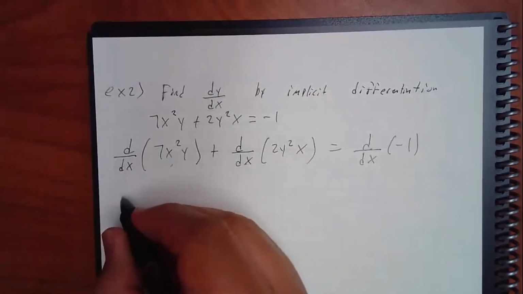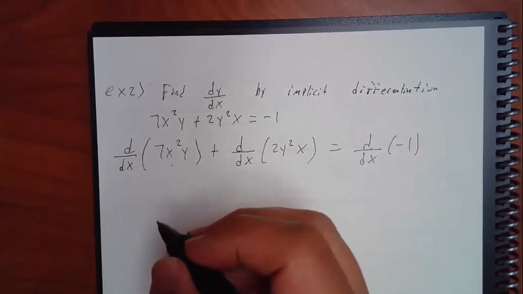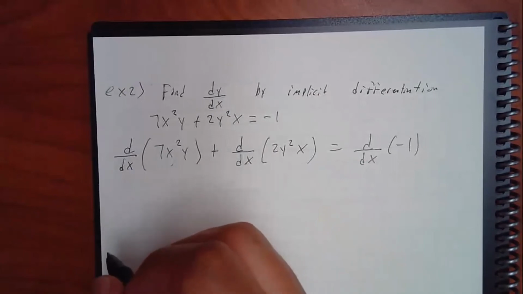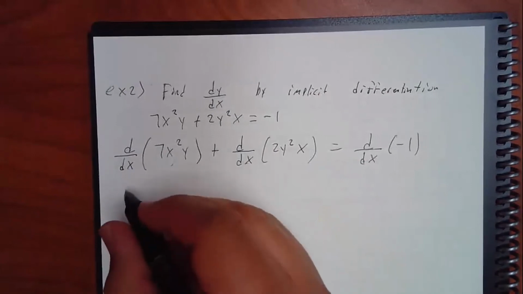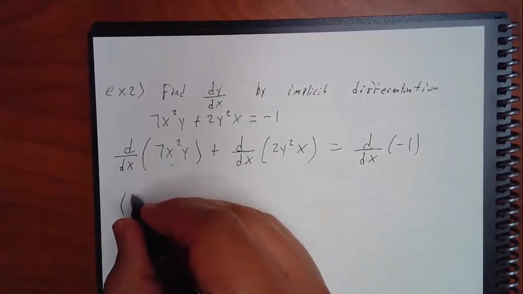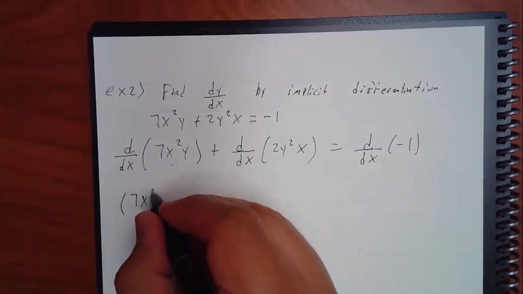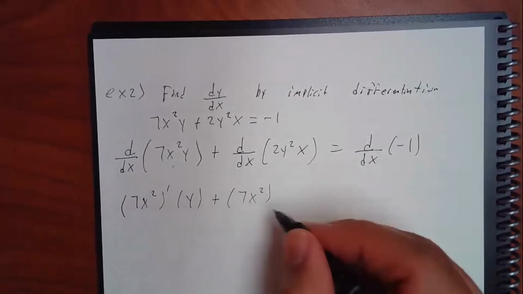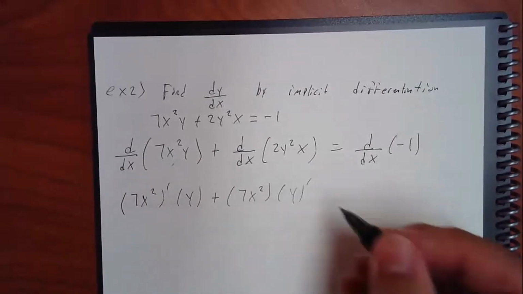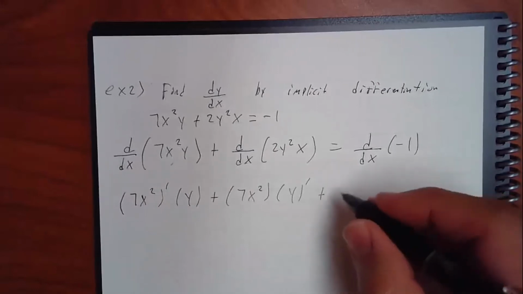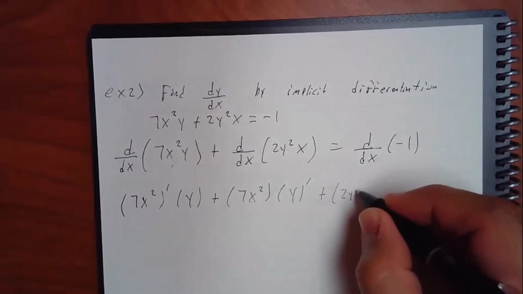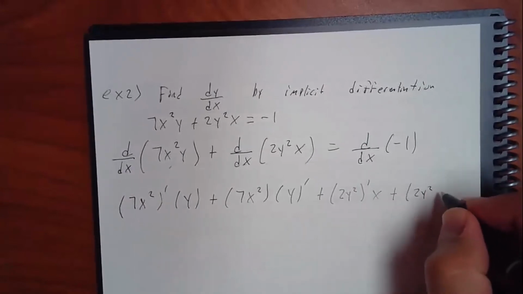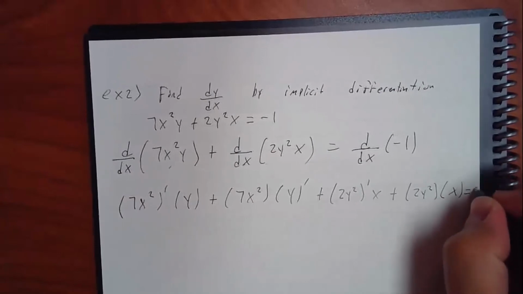So this will be 7 derivative times the y plus 7x squared times the y derivative plus another chain rule, 2y squared derivative times the x plus 2y squared times the x equals 0.